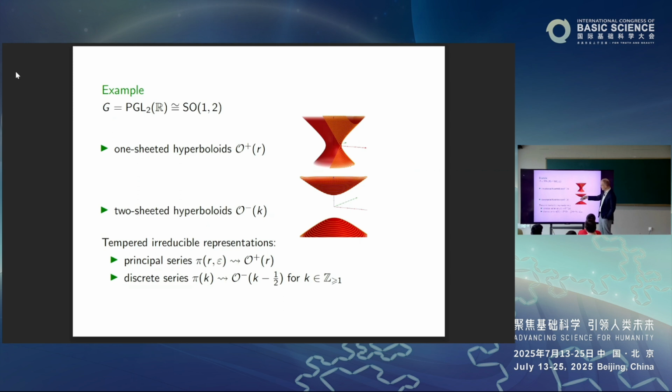So again, there are now two main classes of coadjoint orbits. They're all hyperboloids that either come in a one-sheeted variety, which I've indexed by a parameter r, or in a two-sheeted variety that I've indexed by a parameter k. So here you get these ones, and here you get those ones that split up into 2 halves.